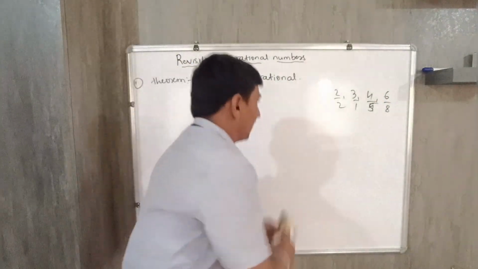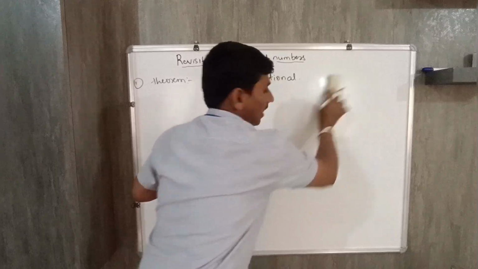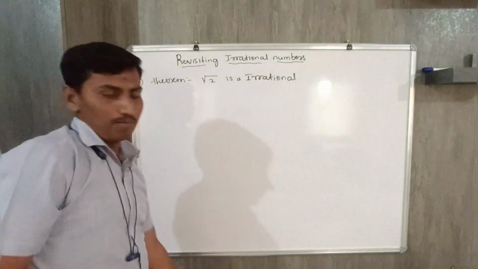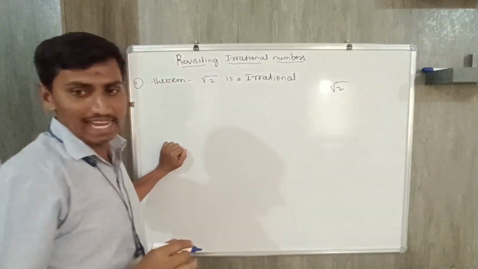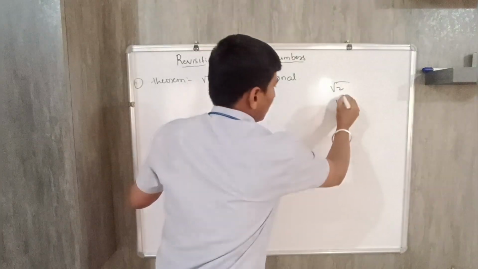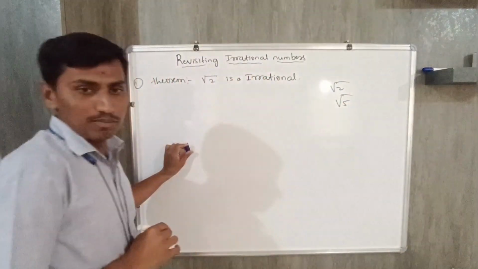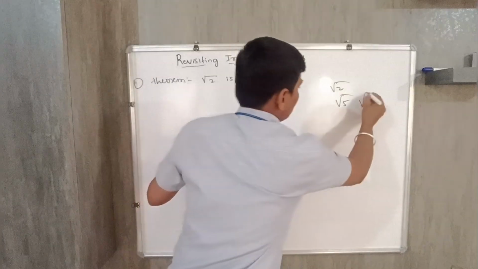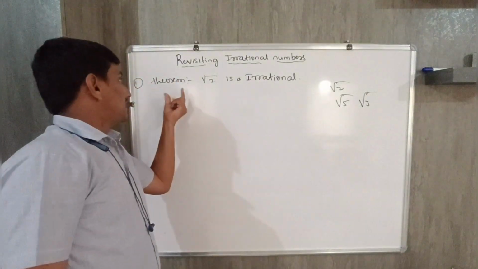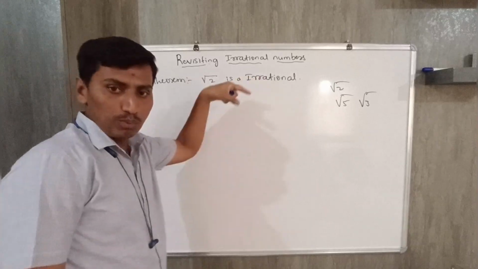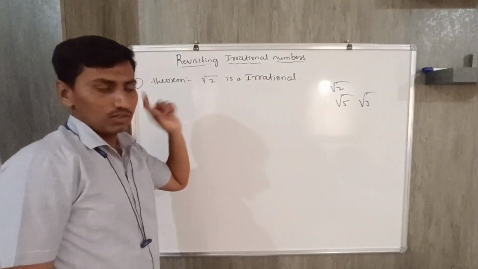Irrational number means it is not in the p by q form, for example root 2, root 5 and root 3. They are asking to prove root 2 is an irrational number. See how.